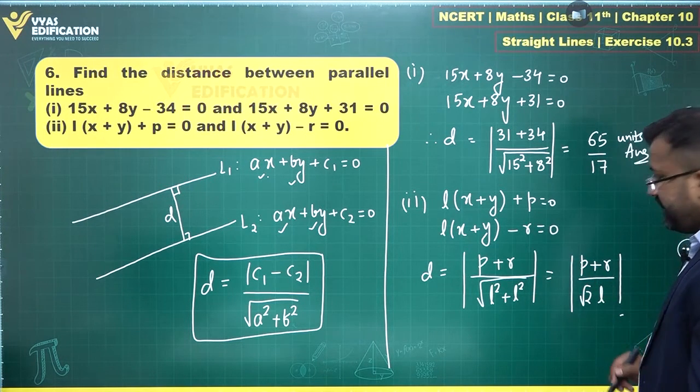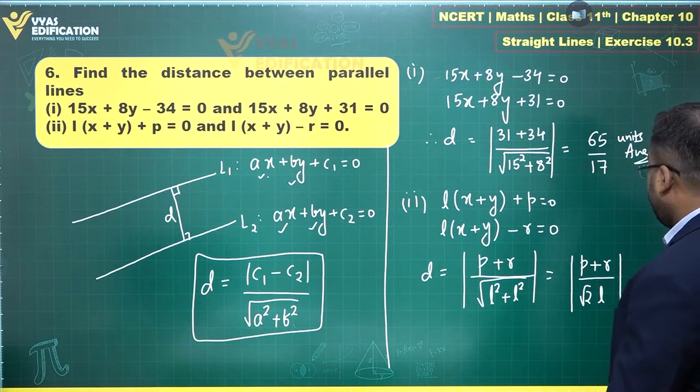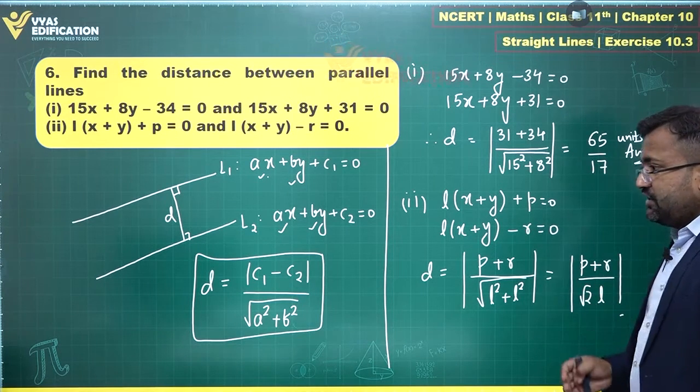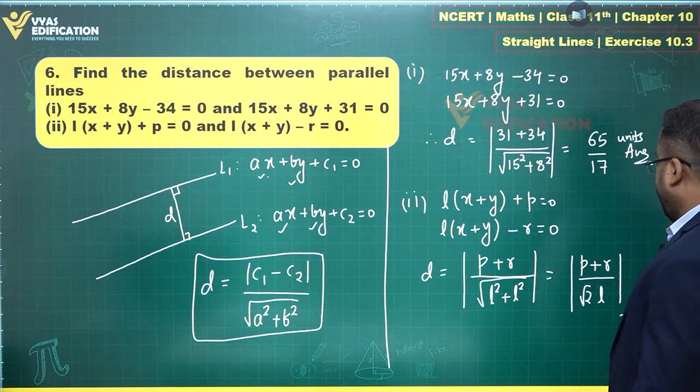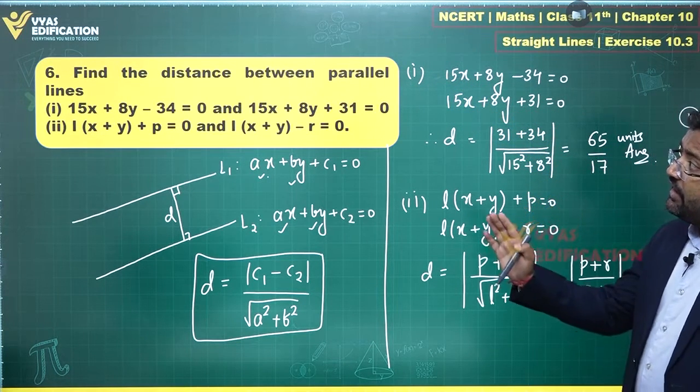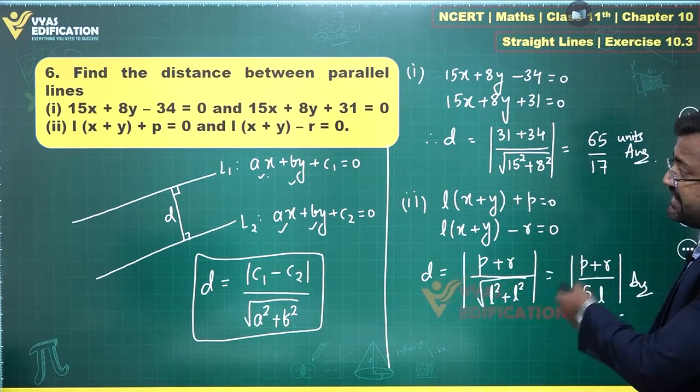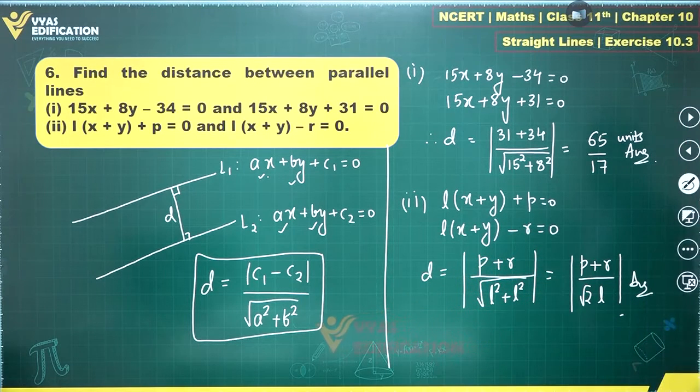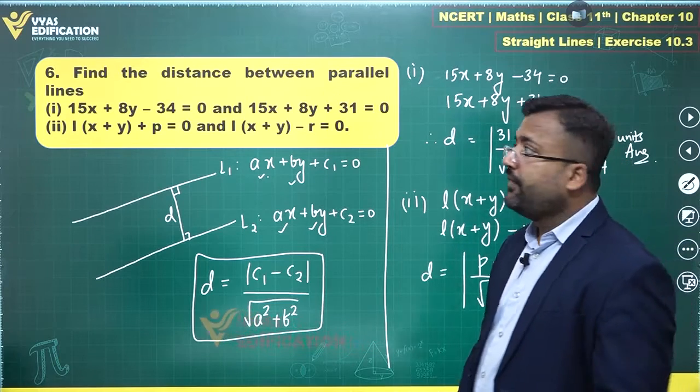Since modulus of x upon modulus of y is modulus of x upon y, this is true. And yes, that's the distance between the parallel lines given in the second part. That's the complete solution of this question.